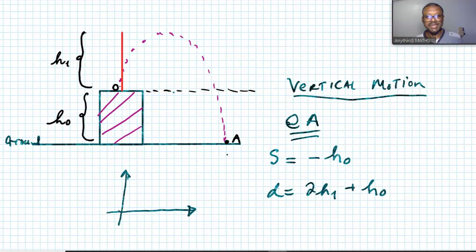Although the ball moves like a parabola, we just concern ourselves with the vertical motion. From that perspective, the displacement becomes negative h0 and the distance traveled becomes 2h1 plus h0.